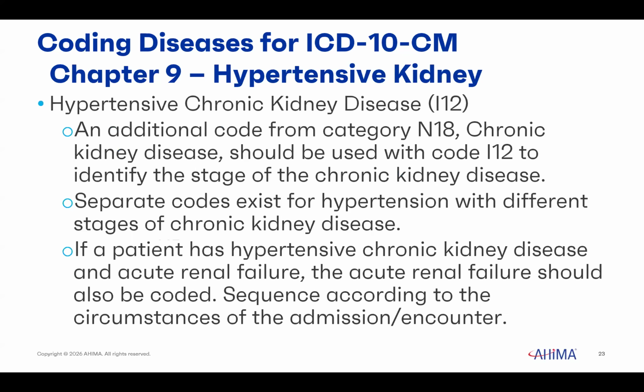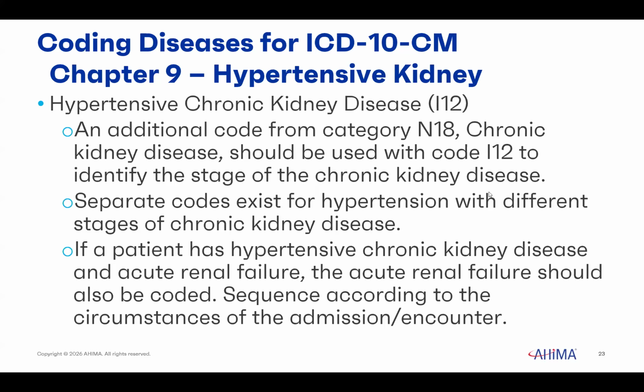Hypertensive chronic kidney disease falls into code category I-12. In this case, again, as you'd expect, an additional code from category N18 chronic kidney disease should be used with the I-12 code to identify the stage of chronic kidney disease. Separate codes exist for hypertension with different stages of chronic kidney disease.